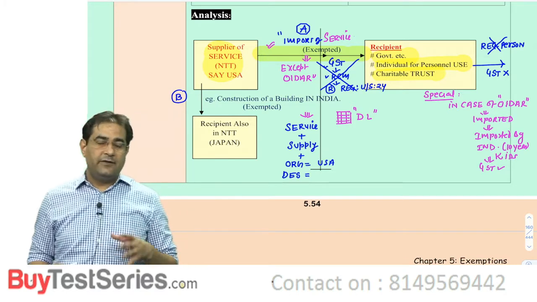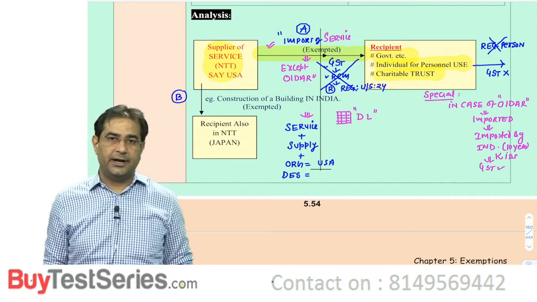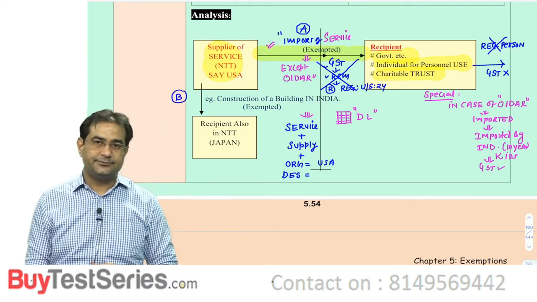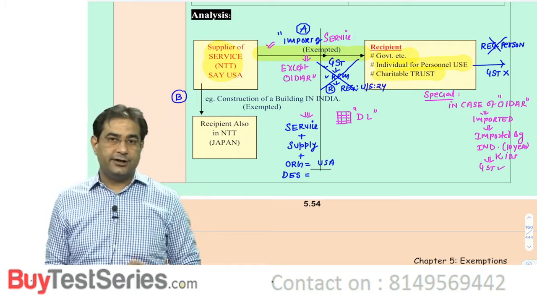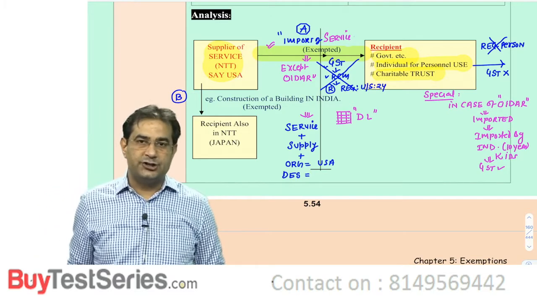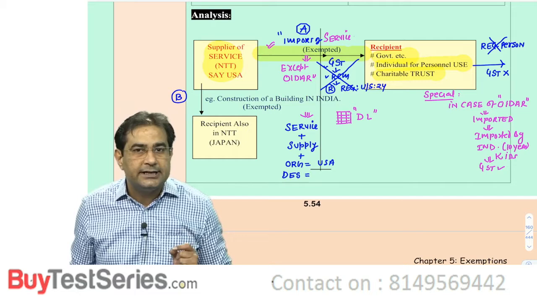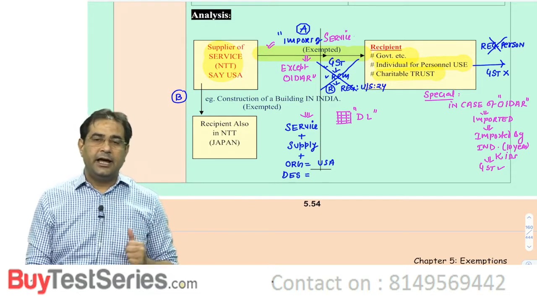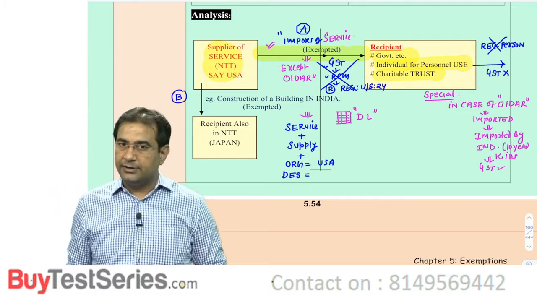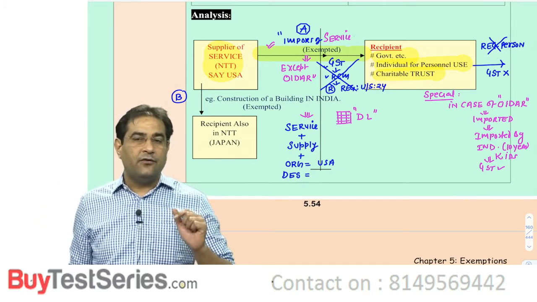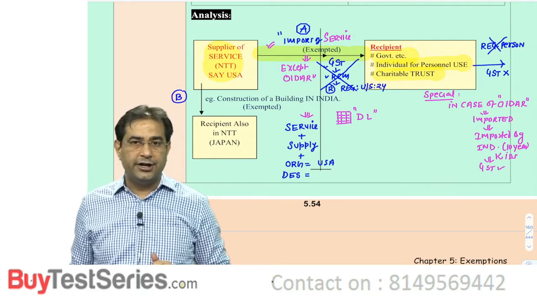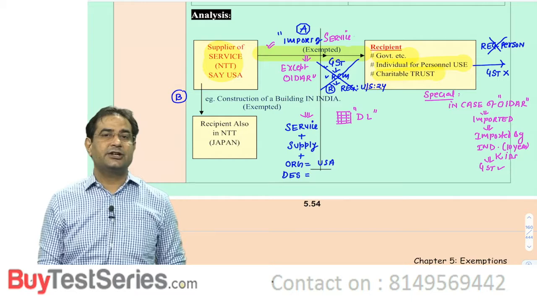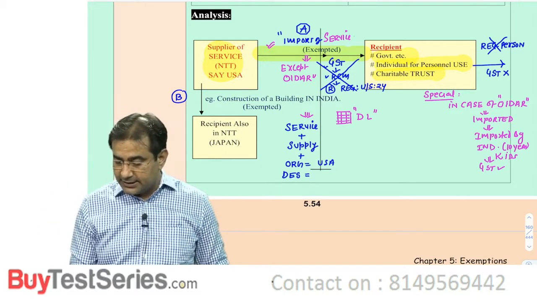Now we will have to check which section shall apply, section 12 or section 13 of the IGST Act. Section 12 states that where both the parties are located in taxable territory, then section 12 is applicable. But as per section 13, if one of the parties is located outside India or both the parties are located outside India, then section 13 gets attracted.